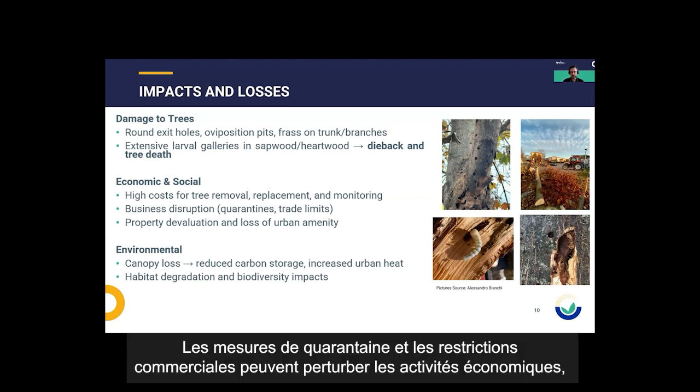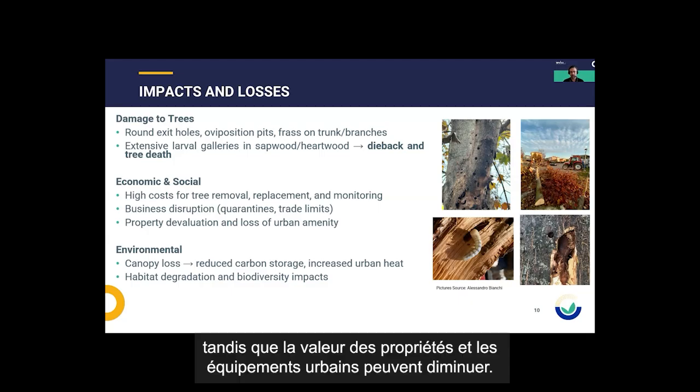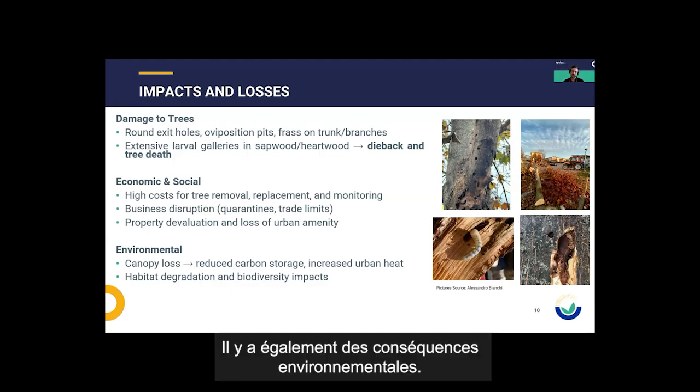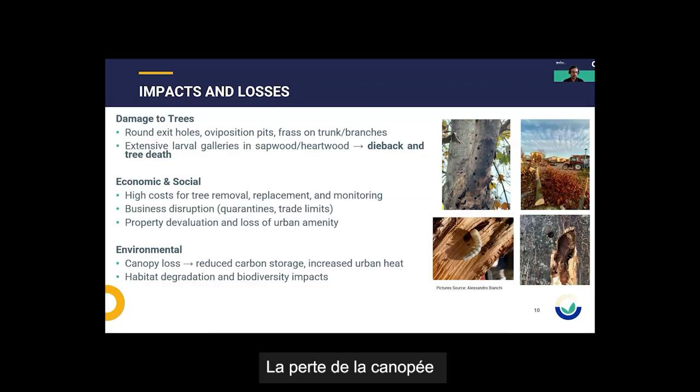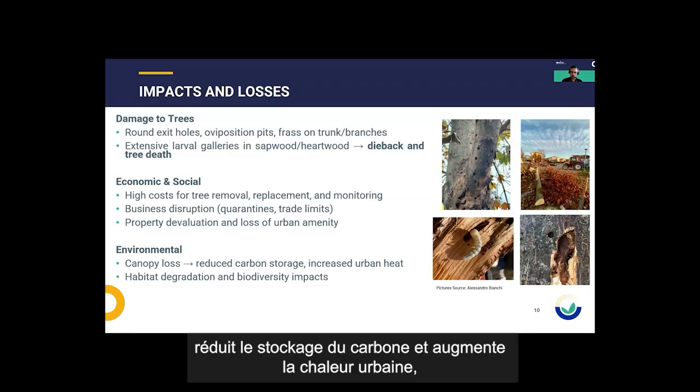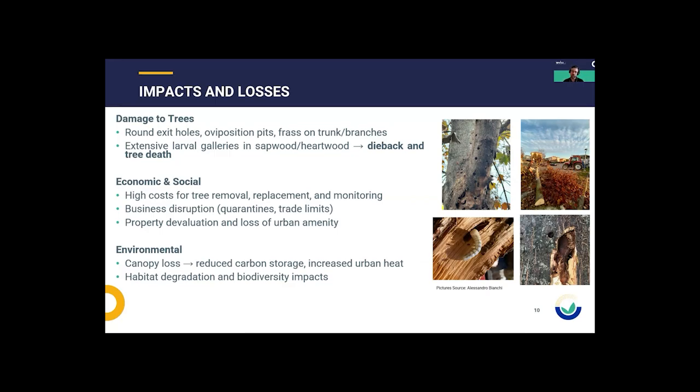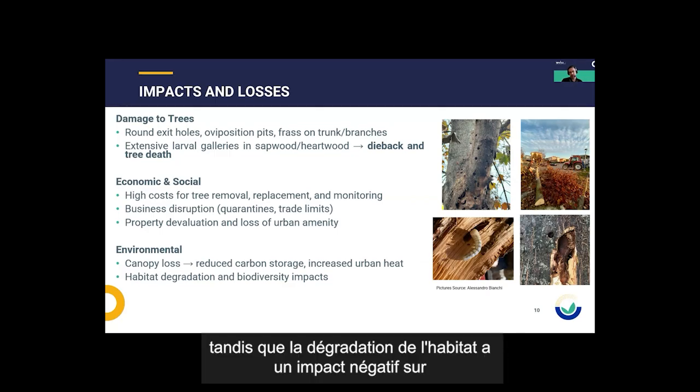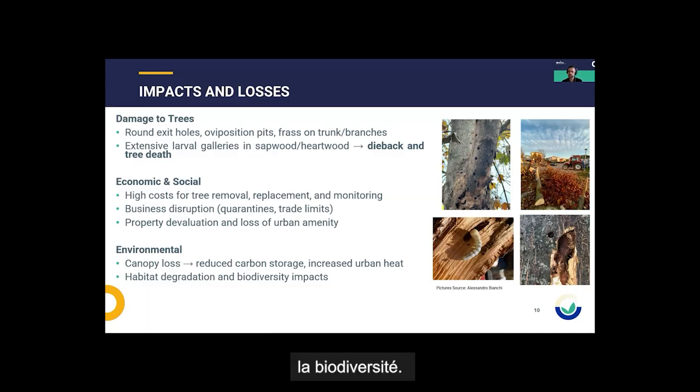Quarantine measures and trade restrictions can disrupt businesses, while property values and the amenity of urban areas may decline. And finally, there are also environmental impacts. Loss of canopy reduces carbon storage and increases urban heat, while habitat degradation negatively affects biodiversity.